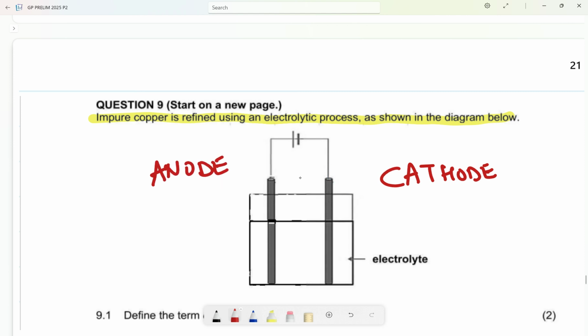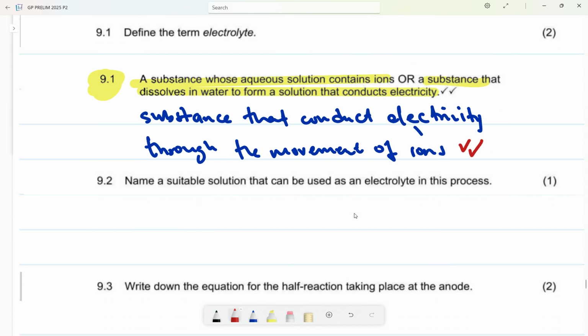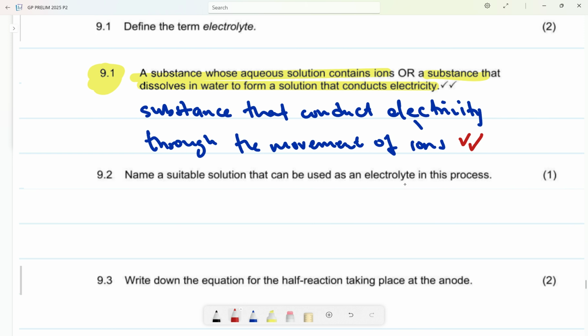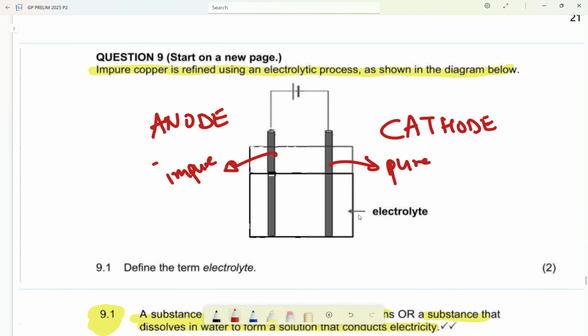Every time we are trying to purify something, I'm going to purify it on the cathode, and the impurities will be on the anode. So the impure will be here, and the pure that I'm trying to find will be in here.